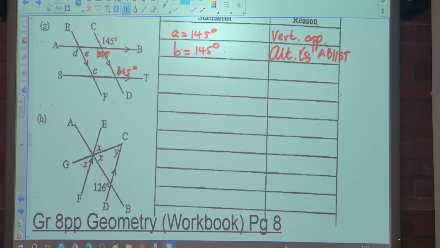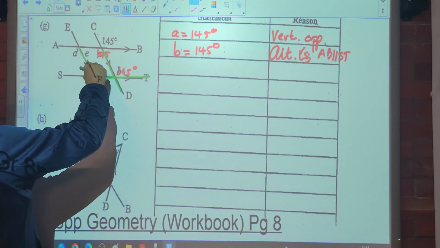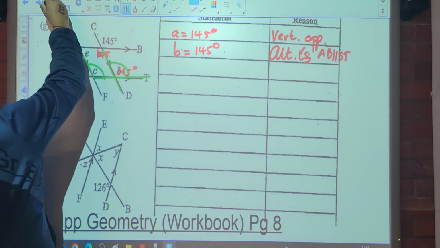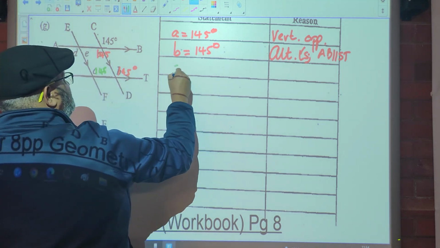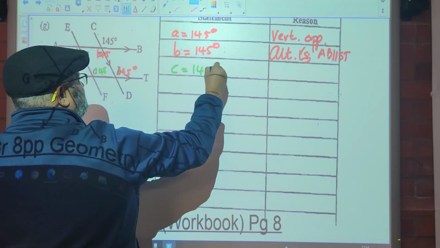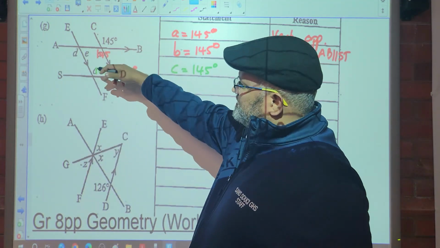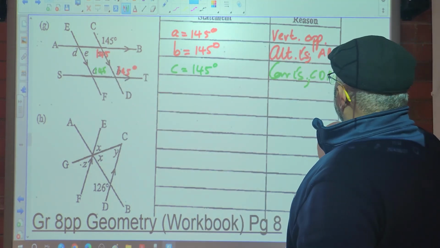C. Corresponding angles. As you can see there, here's the F. So C is 145. Corresponding angles, so the F is lying like this, with CD being parallel to EF.